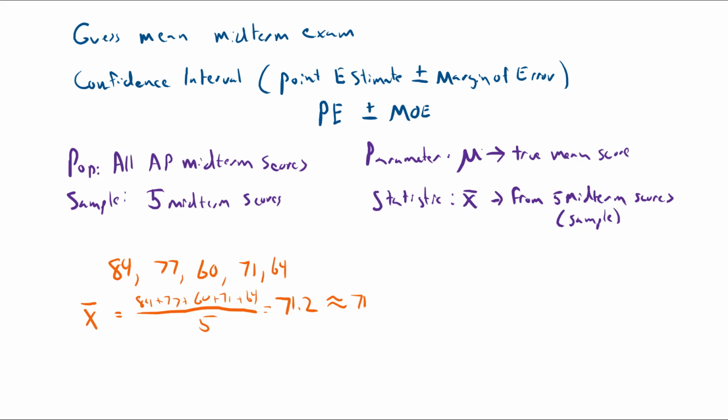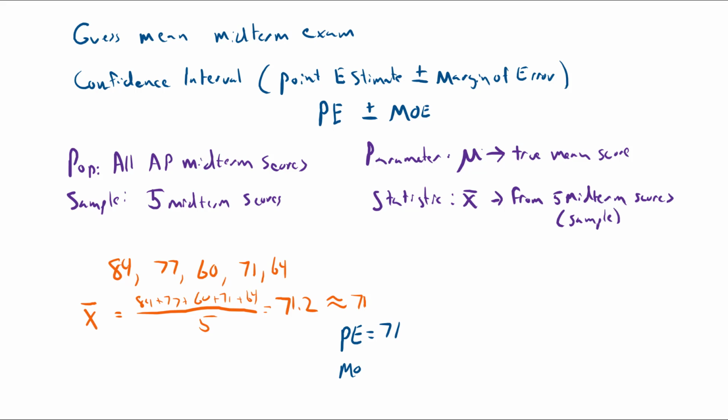So now if we take this 71, let's create an interval by introducing a margin of error, because now that we've got a mean value, we're going to call this 71 our point estimate. So again, our PE, we're going to call this a 71. And let's just make up a margin of error here.